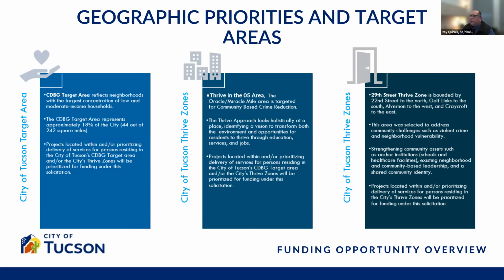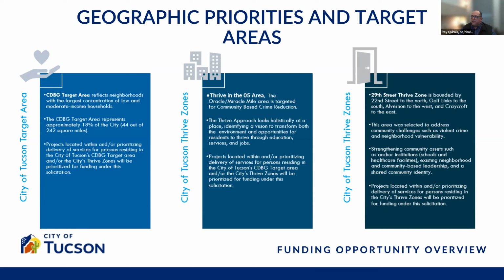And then our other Thrive zone is the 29th Street Thrive Zone. It's from 22nd Street to North Golf Links and from Alvernon to Craycroft. And I'll show you some maps in a couple. This area was selected to address community challenges such as violent crimes and neighborhood vulnerability.